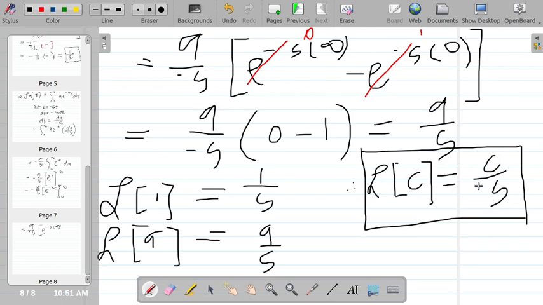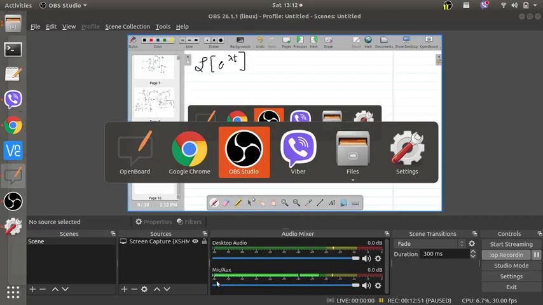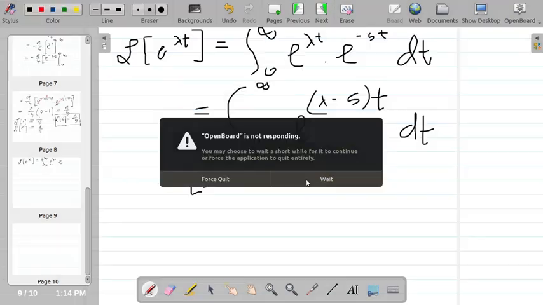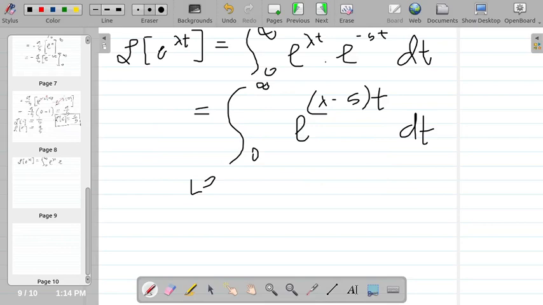Then, next is, so to solve, let u be equal to lambda minus s multiplied by t.